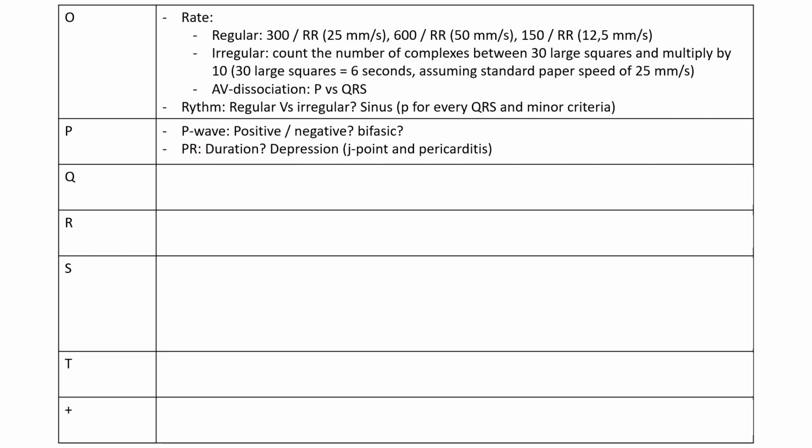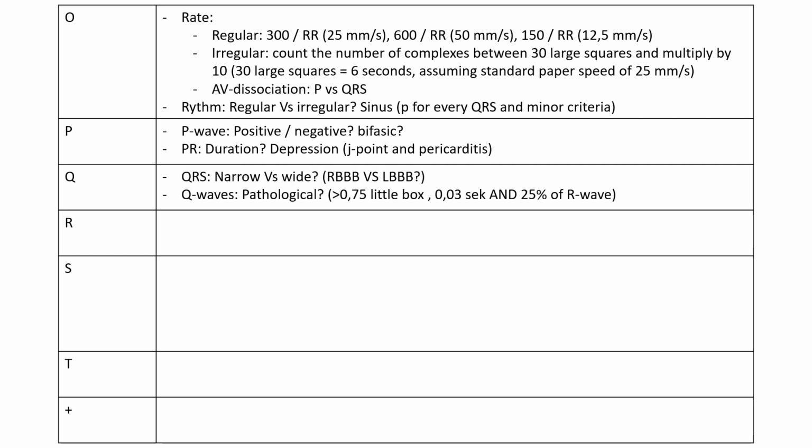But if the PR is depressed, then it may look like the ST is elevated, right? And vice versa. If the PR is elevated, then it looks like the ST is depressed. And also a depression of the PR is something that you may see in pericarditis as well.